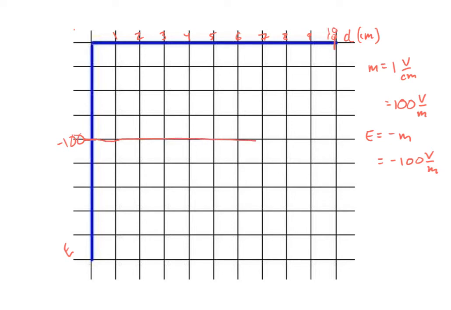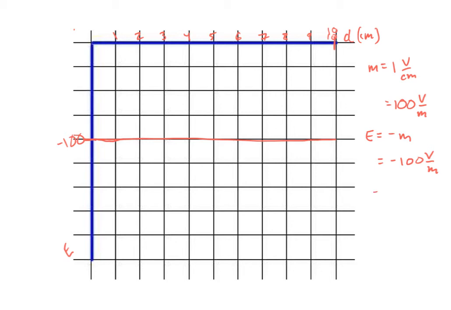And my graph of electric field versus distance is going to be a straight line for the entire distance between my two plates. And this is what we expected, right? The electric field between two parallel plates is constant. However, I'm not quite done yet.